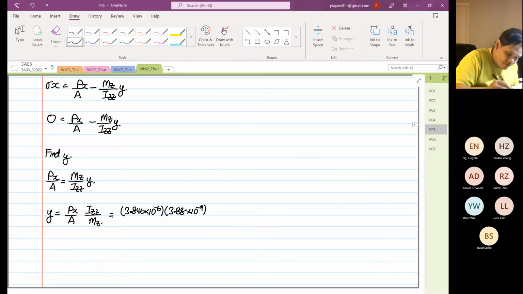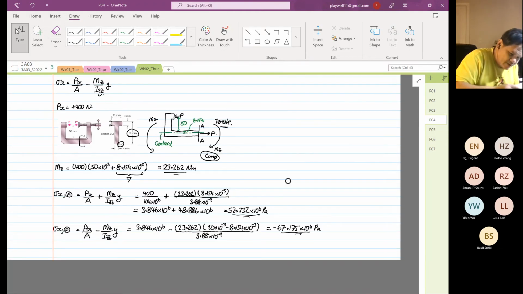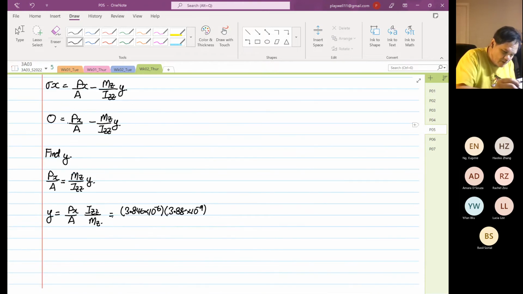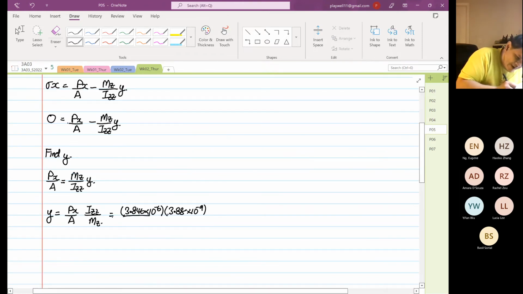Okay. And then if we were to determine Mz, you can see over here it is going in a clockwise rotation, right? If you take it relative to AA, it's going in a clockwise rotation. So when it's clockwise, it has to be negative.